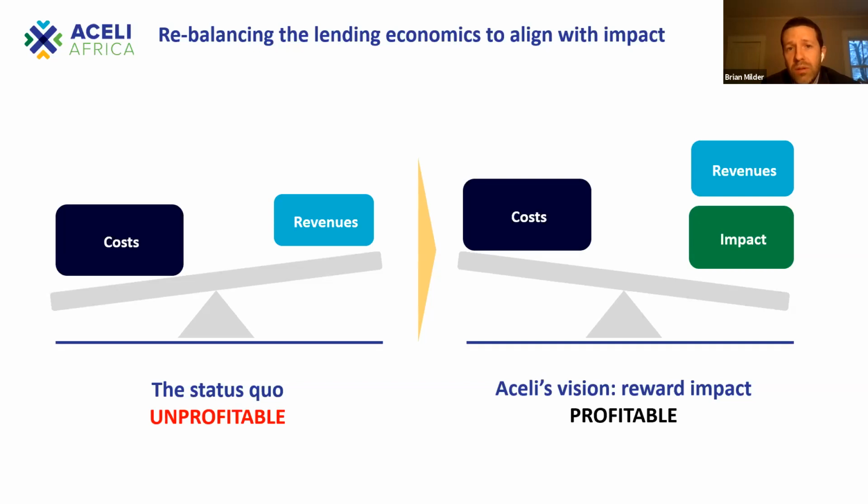And to the third point around data and evidence, the question is how much impact is being generated in terms of incremental income for farmers and employees, in terms of increased tax base and export earnings for the government, reduced food imports because you have greater productivity.